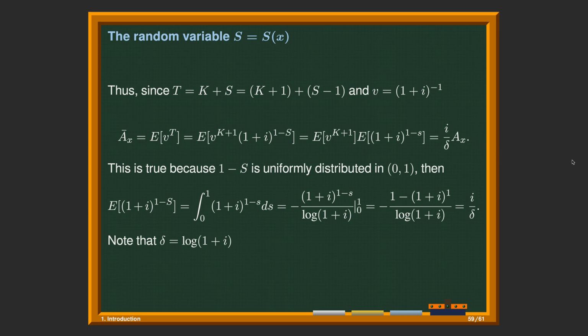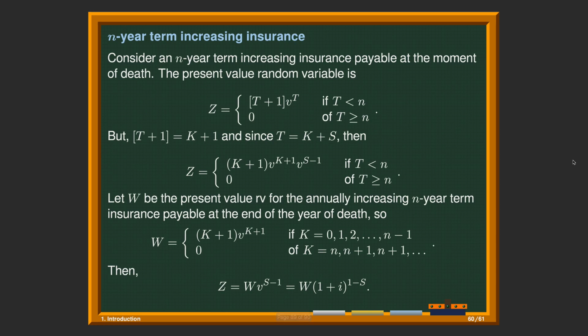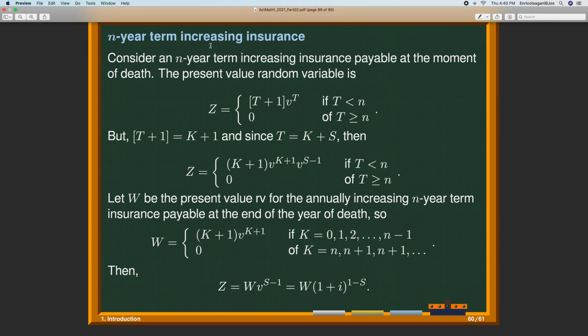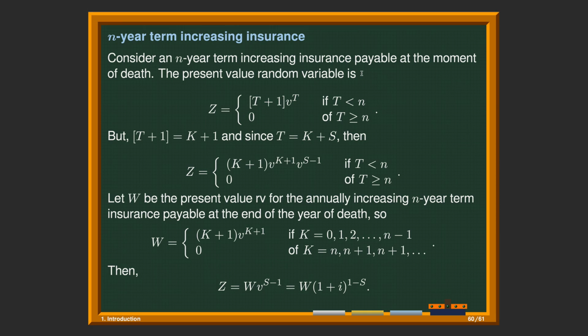And then we can use this random variable S also with the following. Let's look at the n-year term increasing insurance. Again, we note that Z is defined this way from our previous slides. But then we know that the greatest integer value of T plus 1 is actually K plus 1.